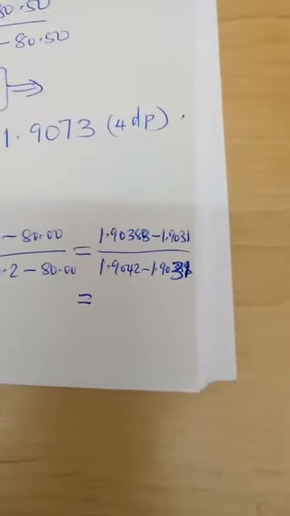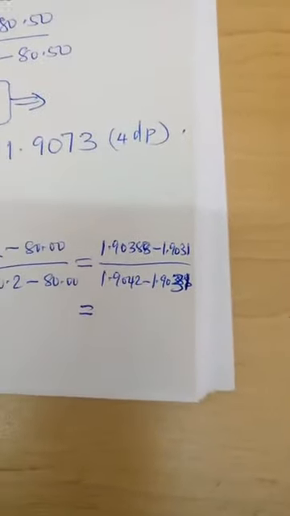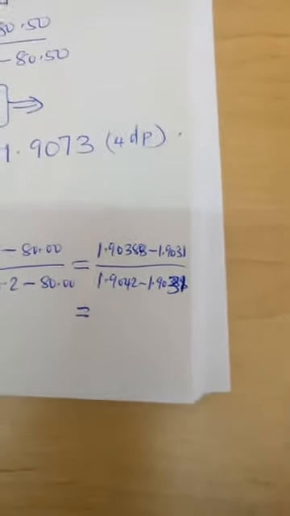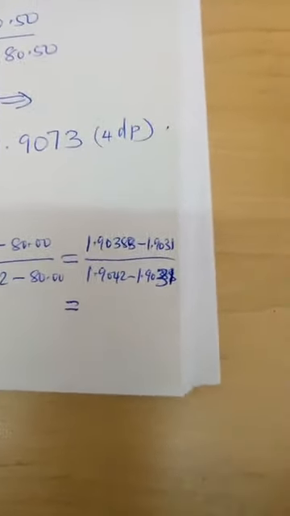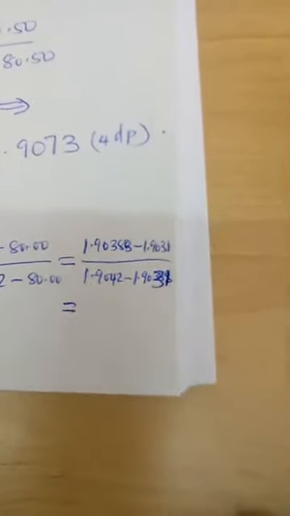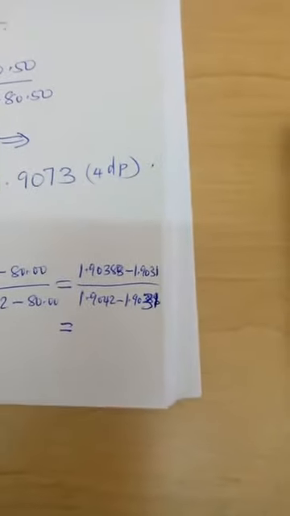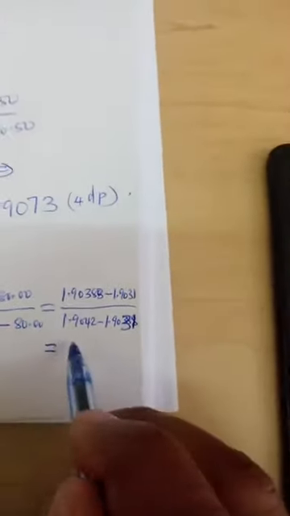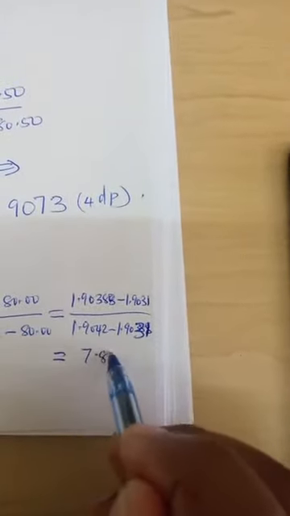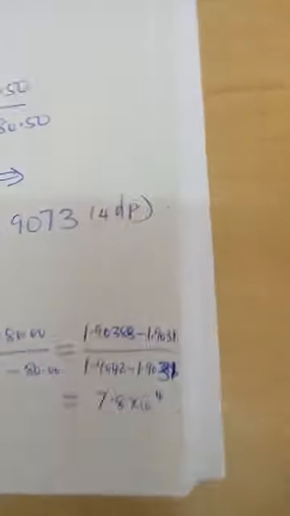I request that you try it out for yourselves: 1.90388 minus 1.9031 should give us a value there. I'm doing it at a go, but I can say this is 7.8 times 10 to the negative 4.